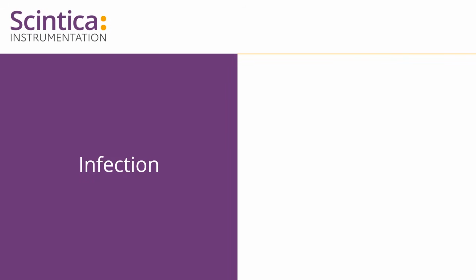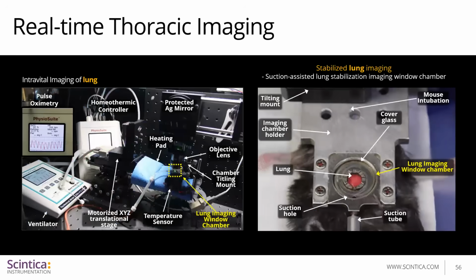Studying infection is also important, especially in this day and age of COVID-19. A good place to study such an infection would be in the lung. Now, a lung chamber is not your typical window imaging chamber. It requires a bit more of an advanced setup because you can't just place the chamber over an exposed lung.